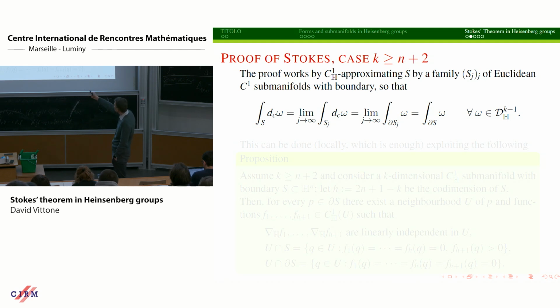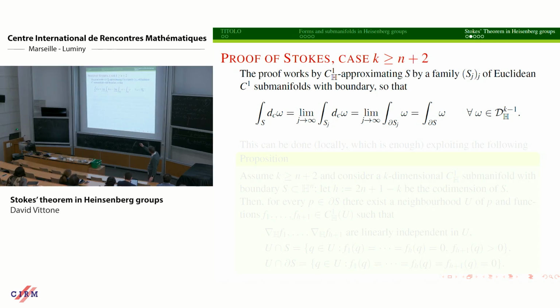So here we use classical Stokes, or if you prefer, remark 2 and remark 3. But now we have C1H convergence, so the boundaries are converging in C1H to the boundary of S, if we are able to perform this. And so this integral is converging to this one.